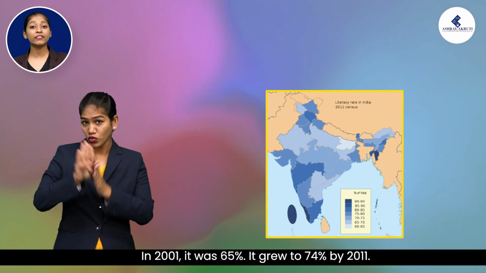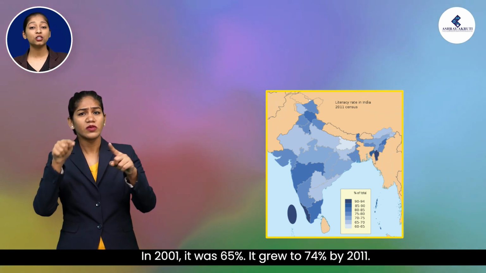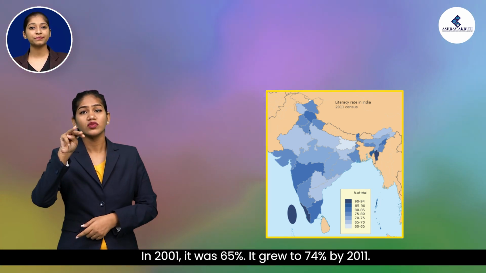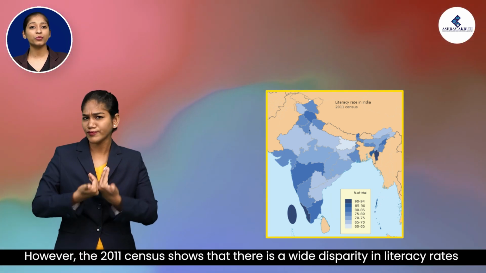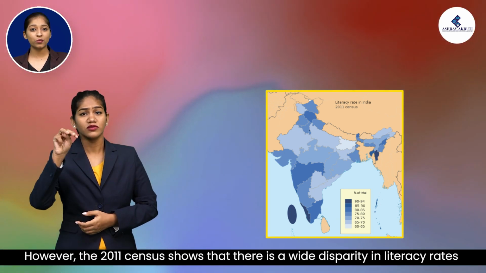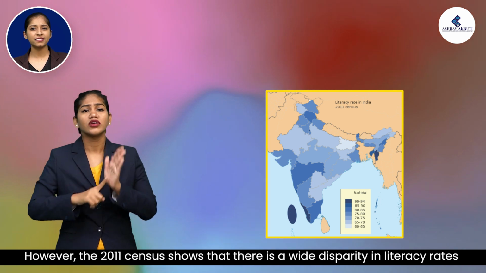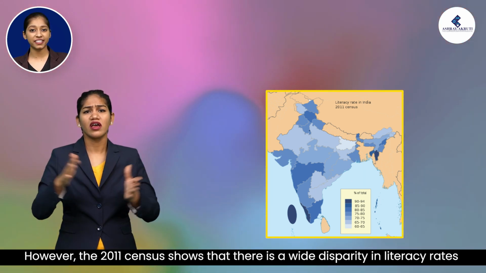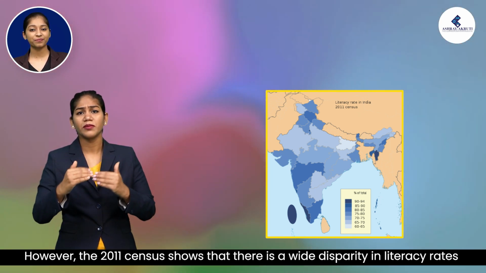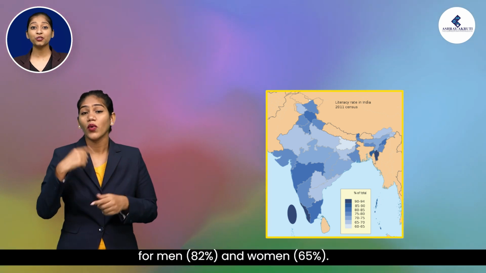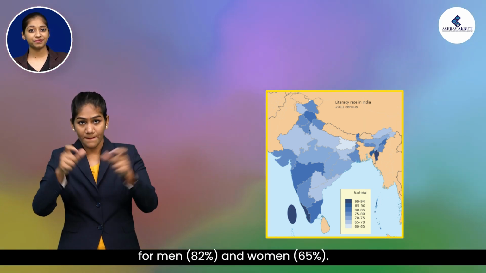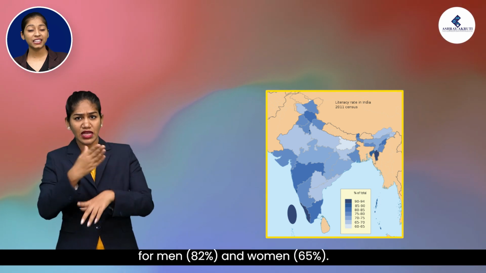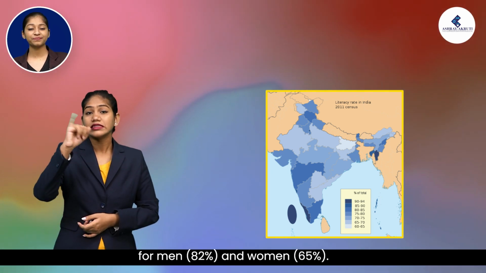It grew to 74% by 2011. However, the 2011 census shows that there was a wide disparity in literacy rates. For men, 82%, and women, 65%.